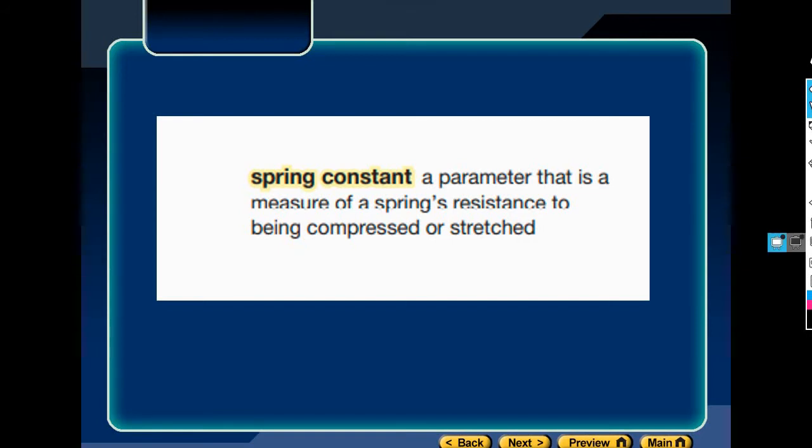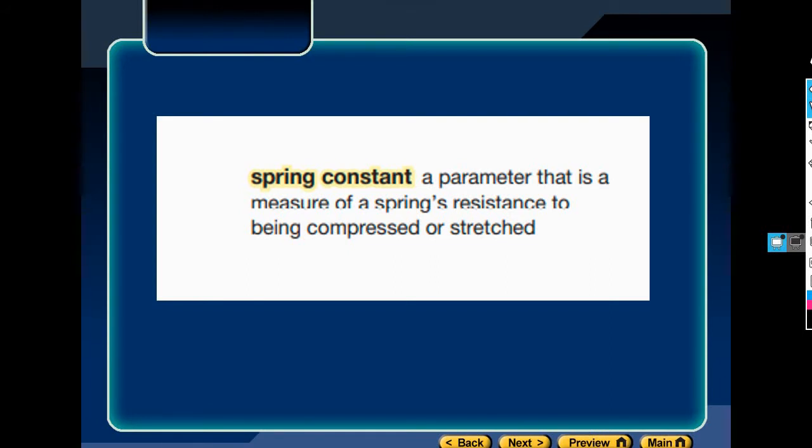Excellent, this is a very good definition. It is about the material: how much this spring will resist being compressed or stretched. It means this material is made of plastic, copper, aluminum, iron. It's a barometer that measures the spring's resistance, how much this spring resists compression or stretch.